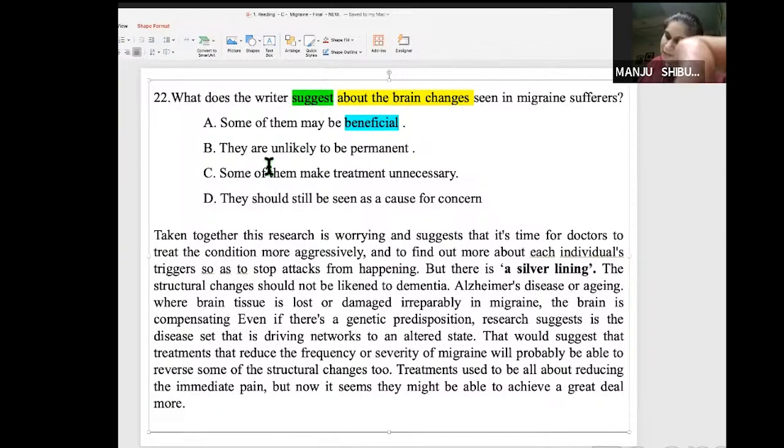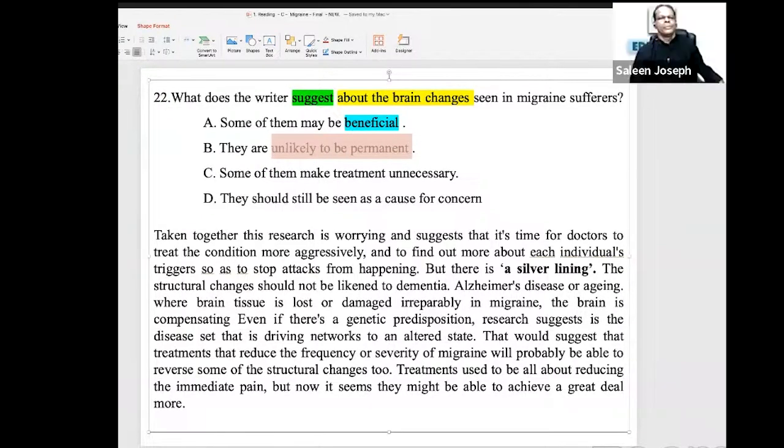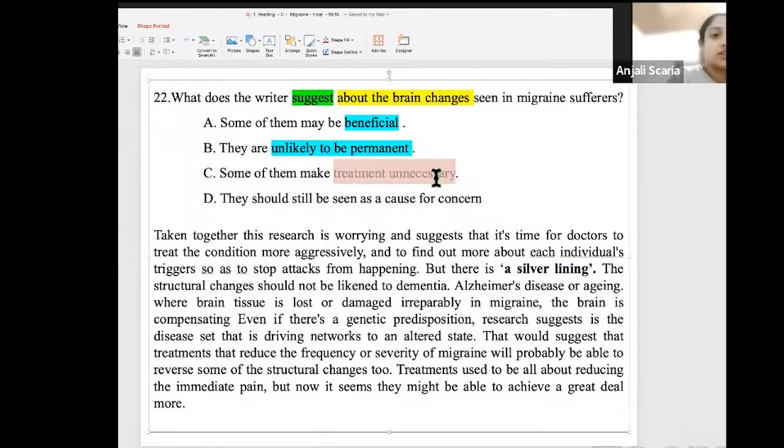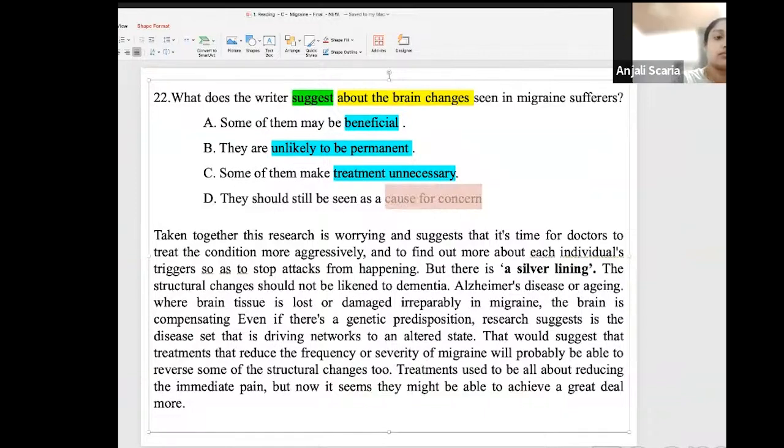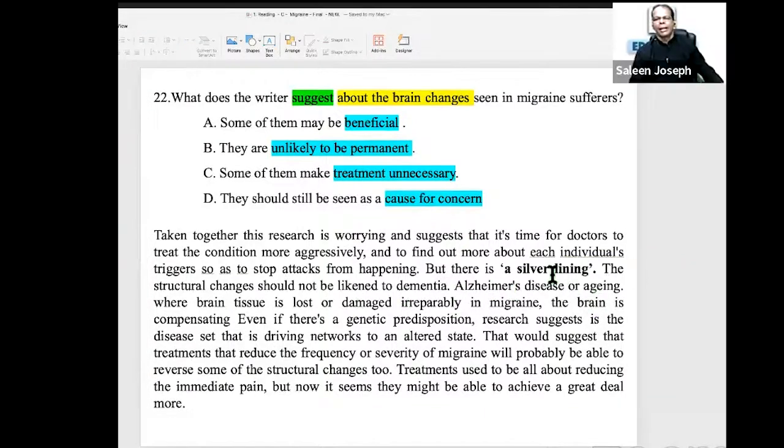Option B, unlikely to be permanent. Unlikely to be permanent means the opposite of permanent, may not be permanent, means temporary. Option C, some of them make treatment unnecessary. Option D, they should still be seen as a cause for concern. Now we have already seen that paragraph.